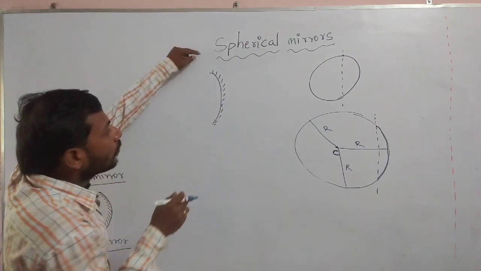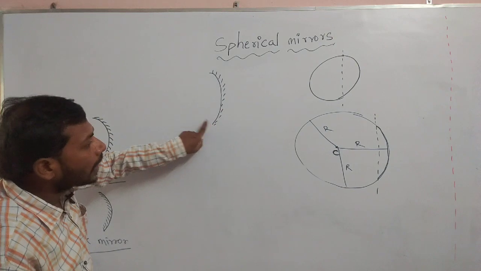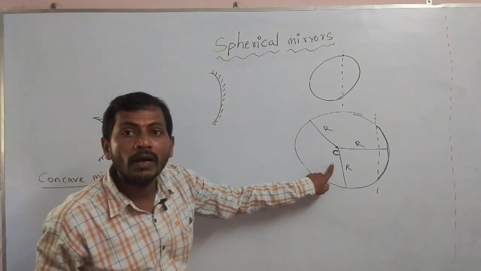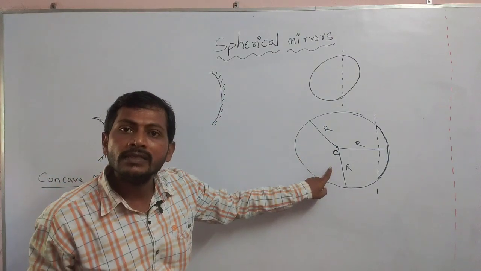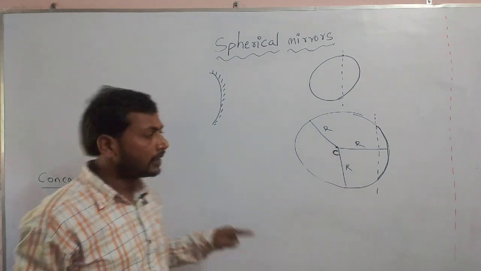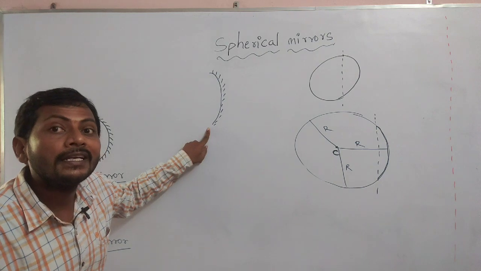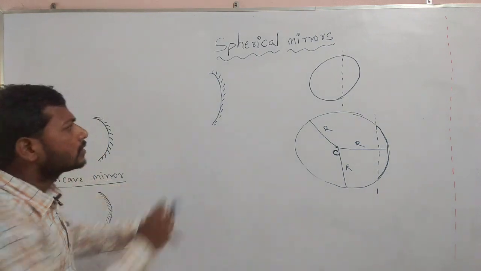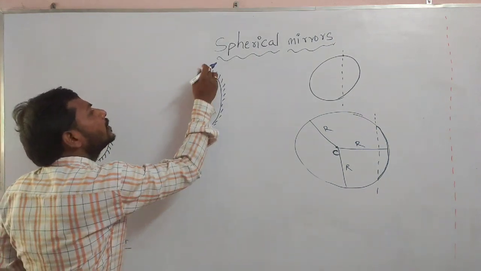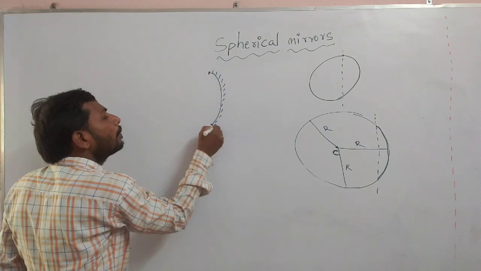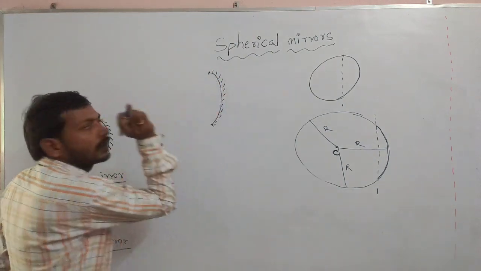Very good. Now, here I used the word center of sphere, but here I am not using center of sphere. I am using the word center of curvature. Why? Here the total sphere is not there. This is a part of the sphere, a curved part.